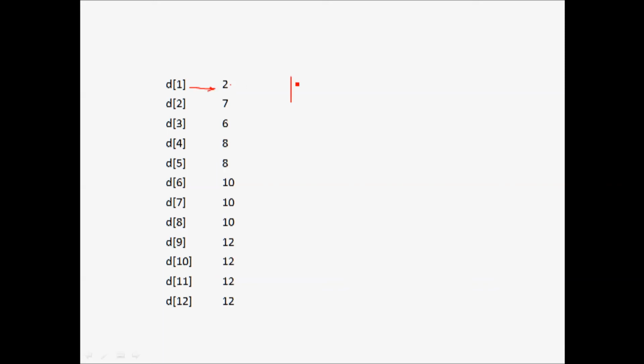So first, from 1 we have to go to 2, followed by from 2 we have to go to 7, and from 7 we have to go to 10. From 10 we have to go to 12.